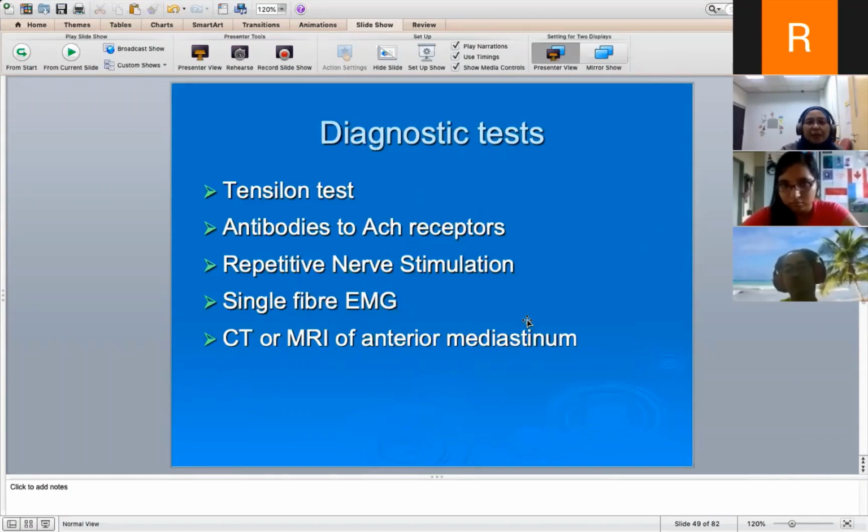Apart from that, you can also do your tensilon test, your antibody test towards your acetylcholine receptors. We can do the RNS, the repetitive nerve stimulation test, single fiber EMG, or even a CT scan. Remember they have this thymus gland enlargement. So when you do a CT scan, you look for the thymus gland enlargement behind the mediastinum.